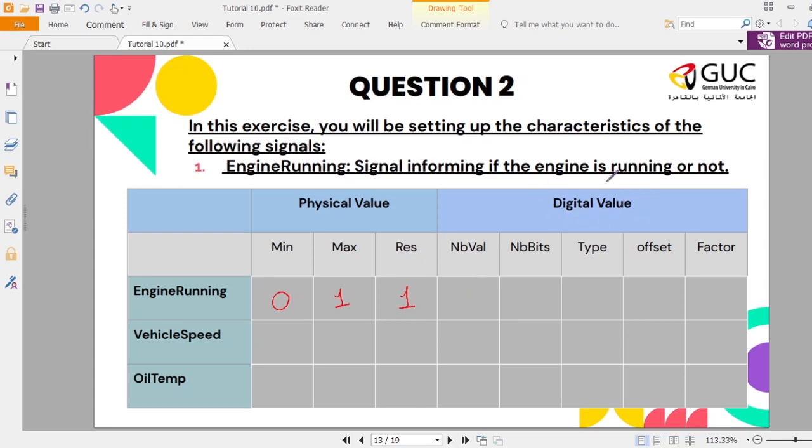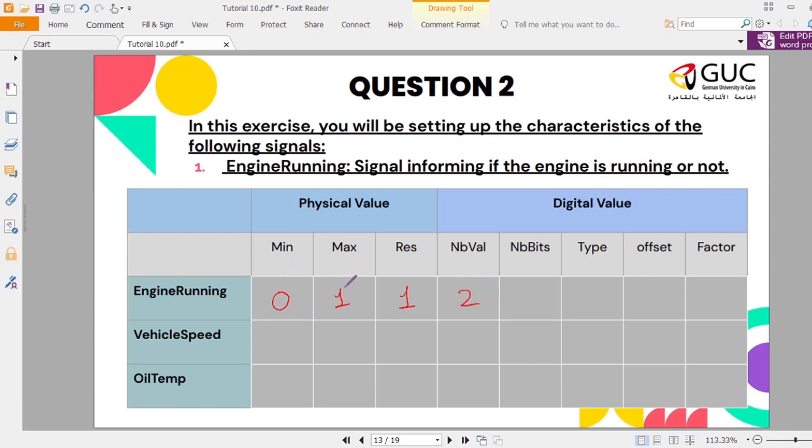Coming to the digital value part. The total number of values we have is the total values that we could read. How many values could we read? We could read 0 or we could read 1, so it's 2 values.